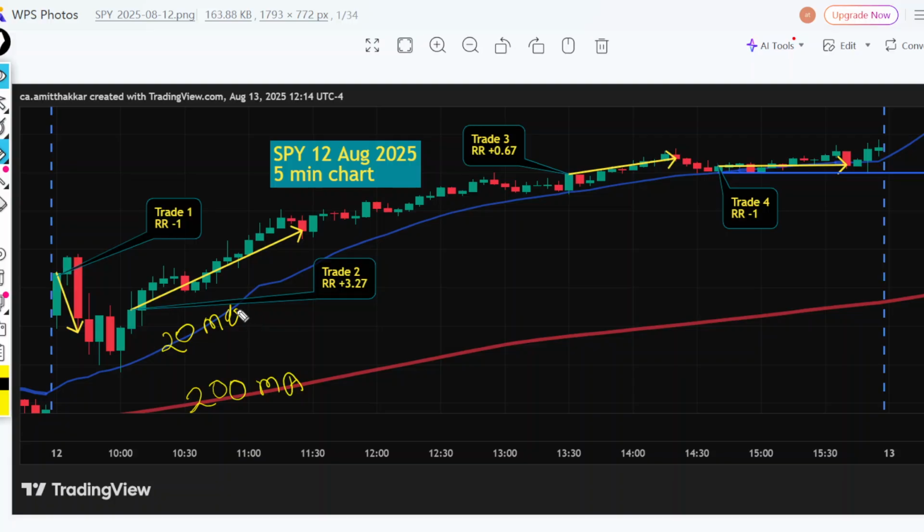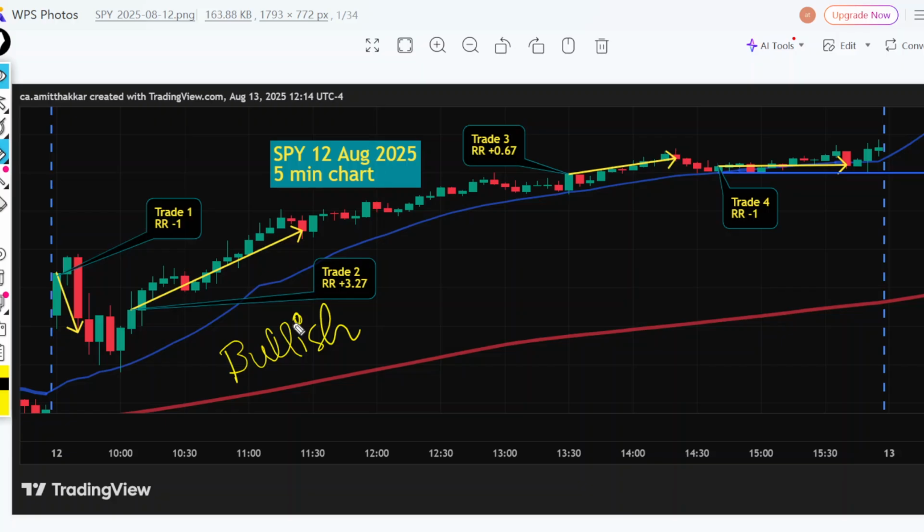As per our strategy, if the market is trading above both moving averages, we need to buy the market. Basically we are in a bullish market, so we will try to buy whenever the market comes close to the 20 moving average.